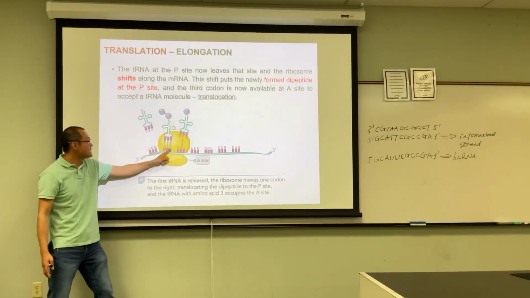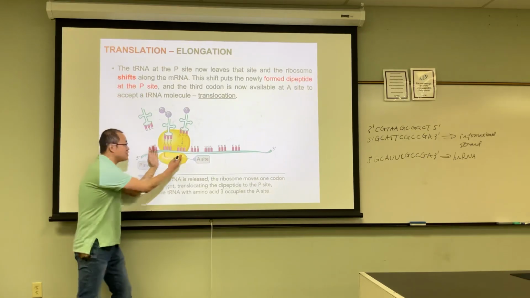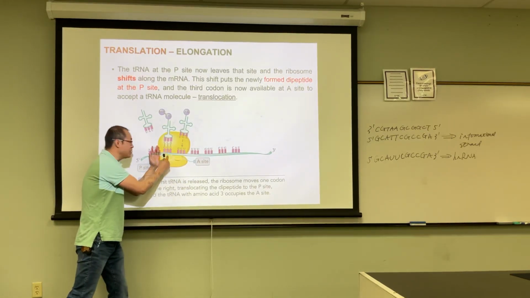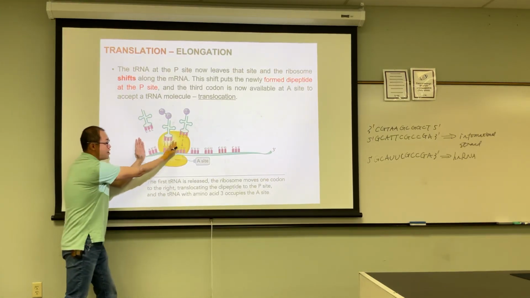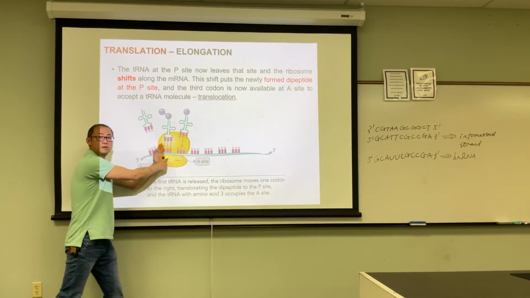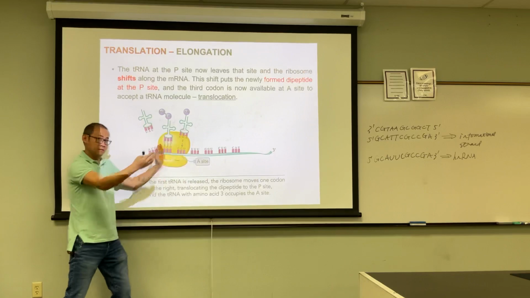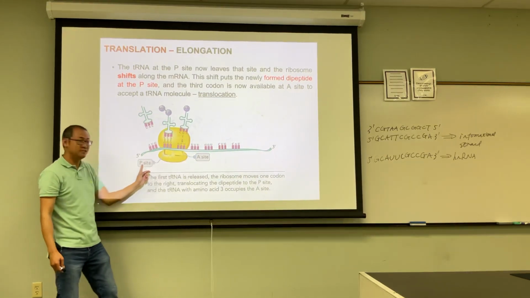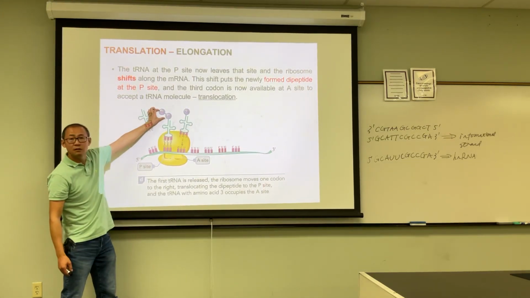See that? The A site has how many amino acids? 2 now. And after it shifts, like I said, as long as the site on the left is called what? P site. So now the original A site becomes what? P site. And the new one becomes what? The A again. Now take a look. Now you will understand why these names P and A. On this site, you have a what?